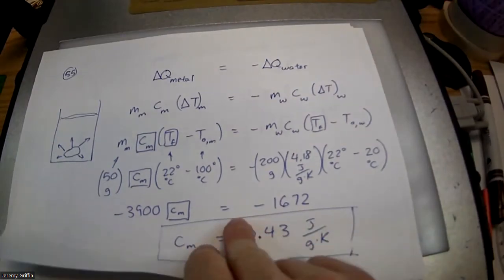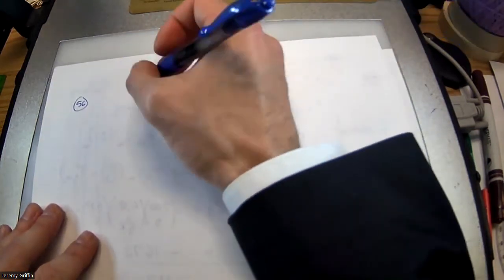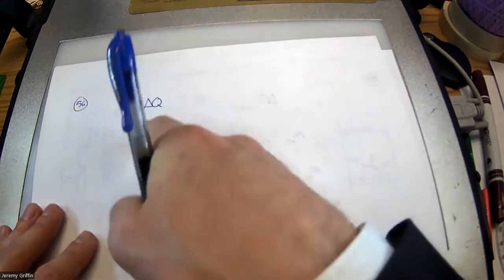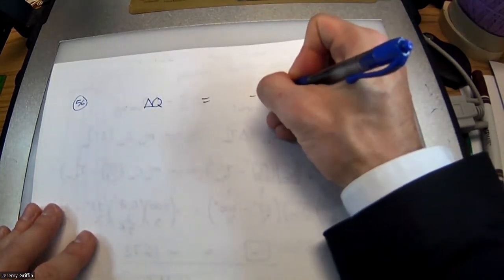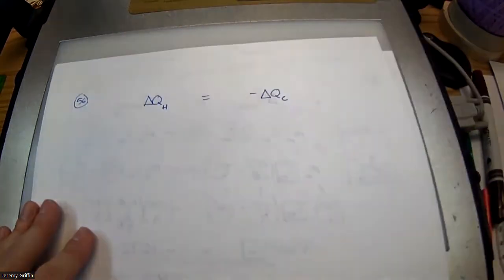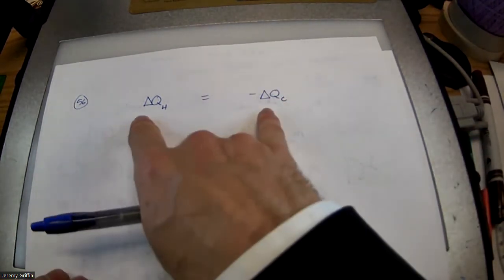All right, this is going to be a pretty similar thought process to what we just did. We've got hot water and cold water, and we're going to mix them together and ask what's the final temperature. So I'm going to say that the heat energy lost by the hot water is exactly the heat energy gained by the cold water. Hot and cold, until they reach equilibrium temperature, and then they're both lukewarm.